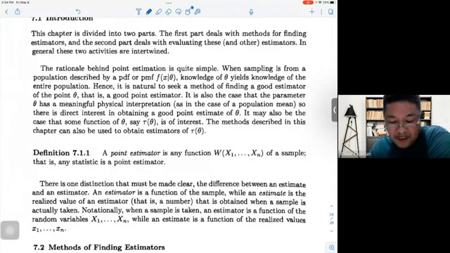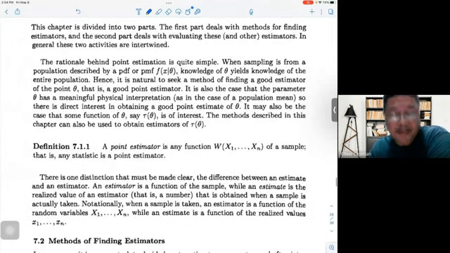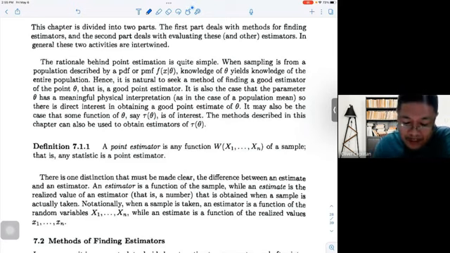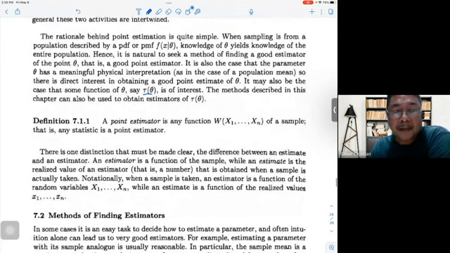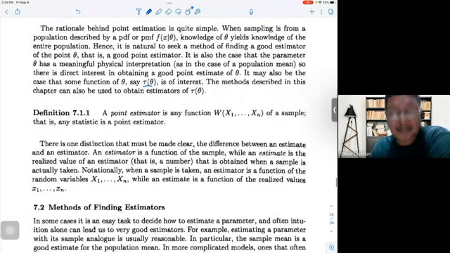Hence, it is natural to seek a method of finding a good estimator of the point theta. We're also going to find a good estimator for a function of theta denoted by tau of theta. That can also be our interest. So these methods described in this chapter can also be used to obtain estimators for a function of our parameter theta.